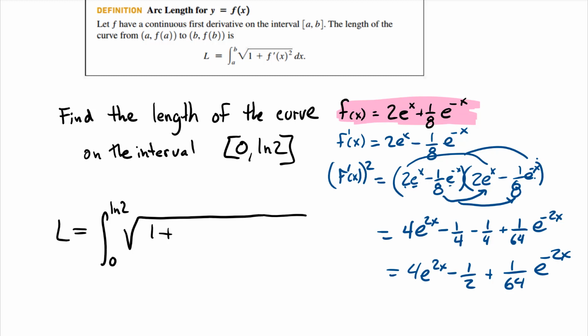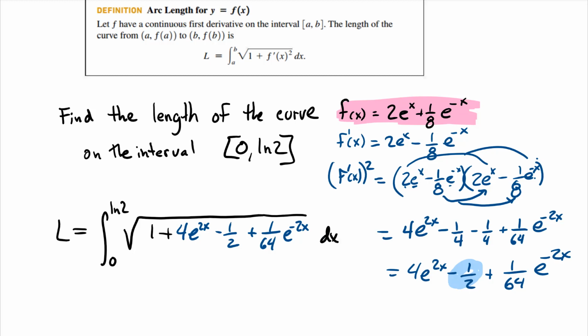Now before we even put it in, notice that we have a 1. What's 1 minus 1/2? Positive 1/2. These are cooked up. So we're going to put this in, 4e to the 2x minus 1/2 plus 1 over 64 e to the negative 2x dx.